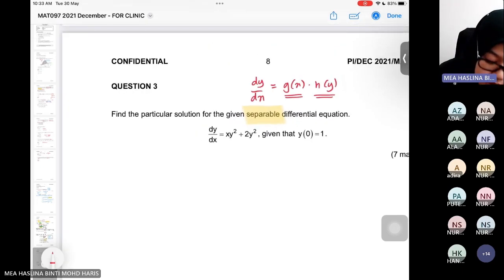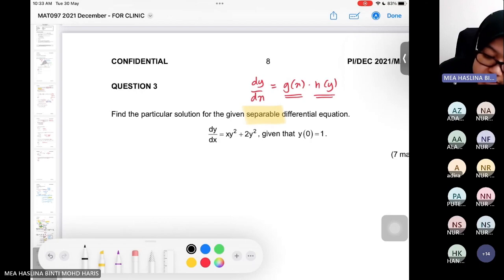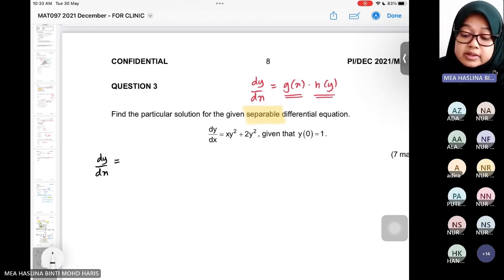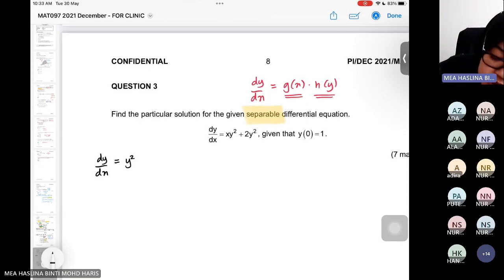So you will write dy dx equals the common factor, which is y squared, since both terms have y to the power of 2. So you factorize y squared, and you have x plus 2.